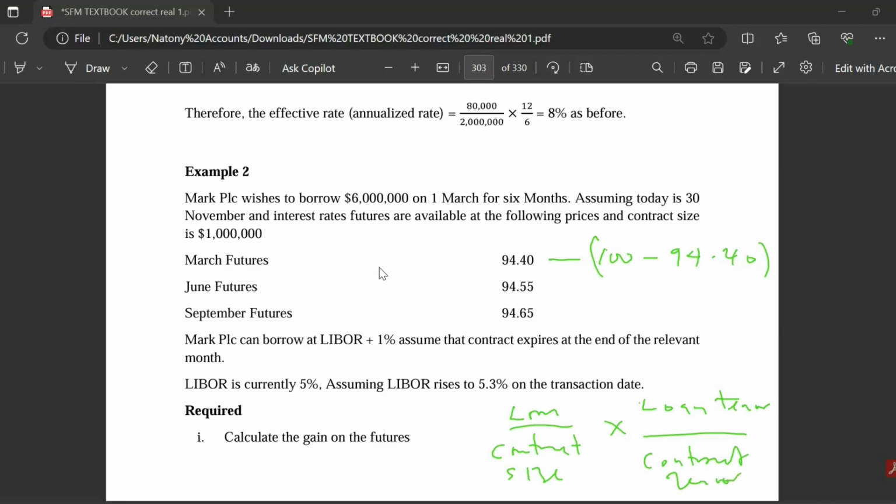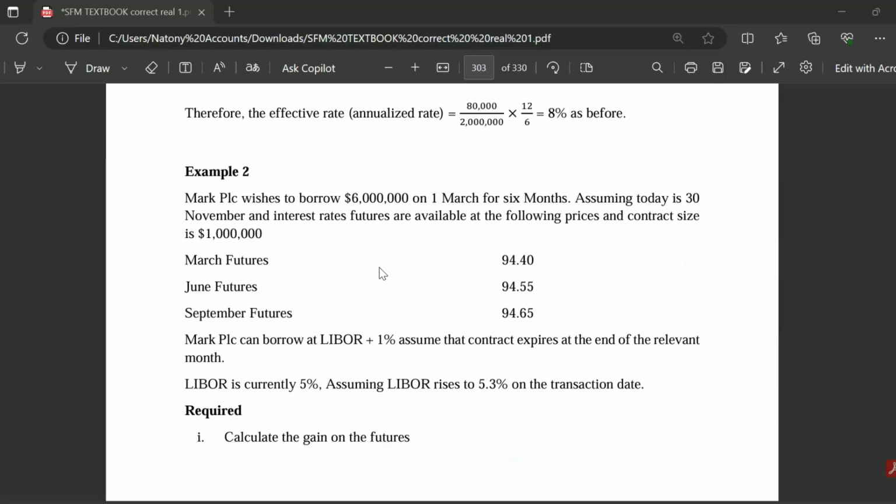So you are looking at the loan on the numerator, and the loan tenor is also on the numerator. The denominator is contract size and contract tenor. So the loan tenor is 6 months, while the contract tenor is always 3 months. Always 3 months.